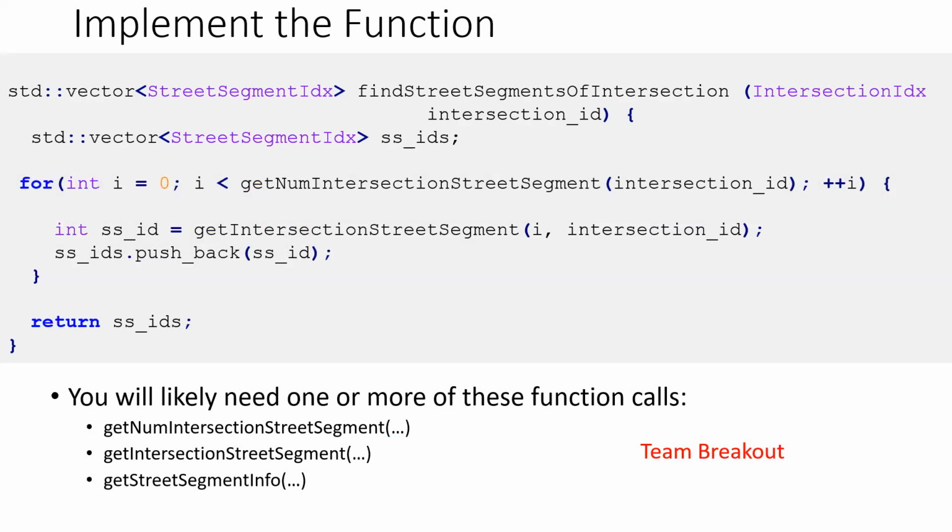So your function will look like this. Start with a for loop. i goes from 0 to get num intersection street segments of intersection ID minus 1, i++, and you get the intersection street segment using i and the intersection ID to get the street segment ID, push back into the street segment IDs vector, and return.